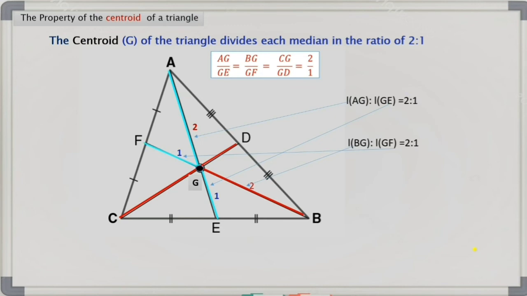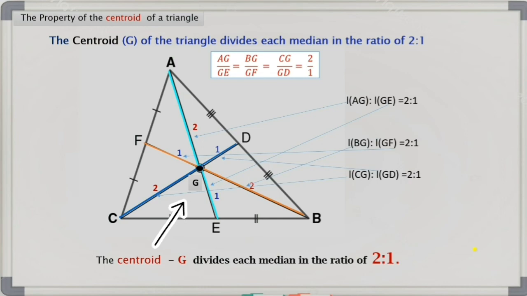The length of CG and the length of GD are in the ratio of 2:1. It shows that the centroid G divides each median in the ratio of 2:1. The distance between the vertex and the centroid is always twice the distance between the centroid and the midpoint. We'll understand this concept in detail with an example in the next video.